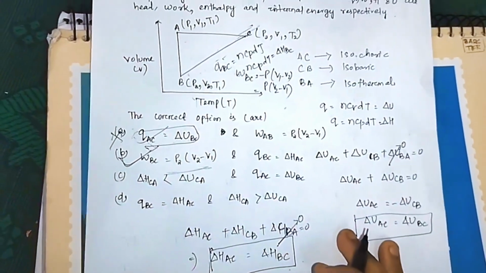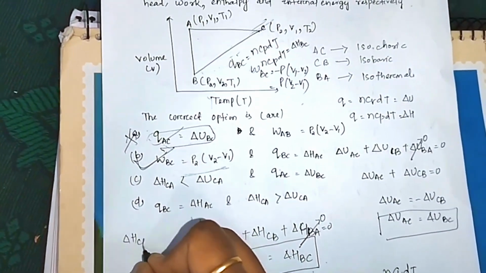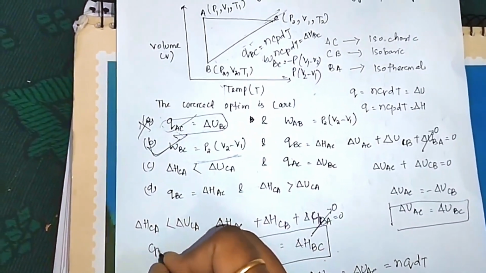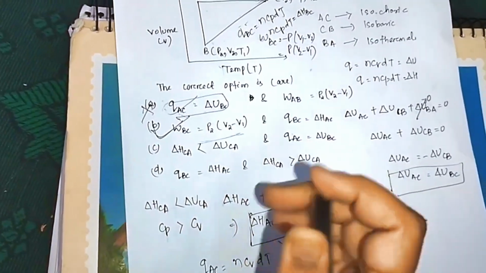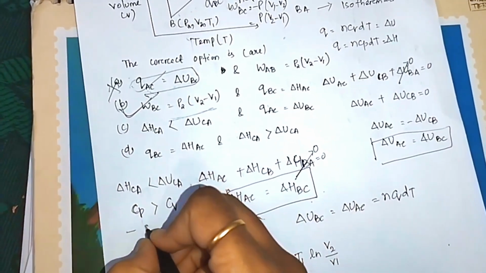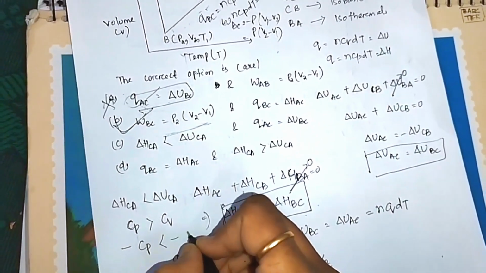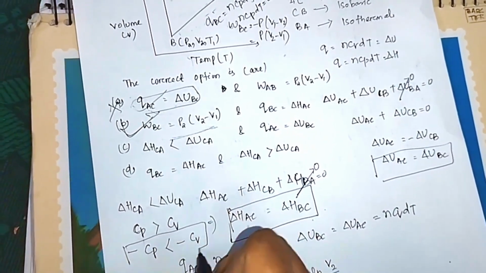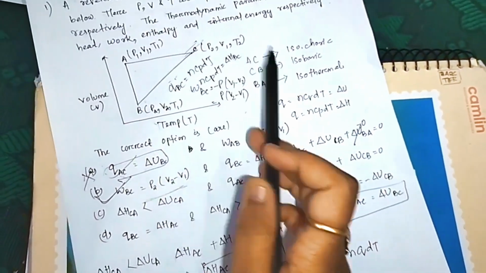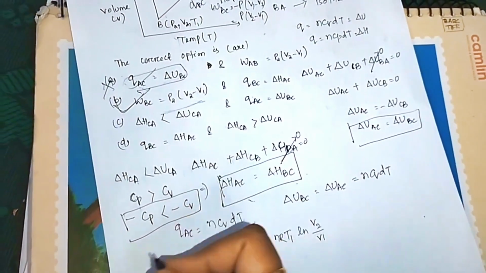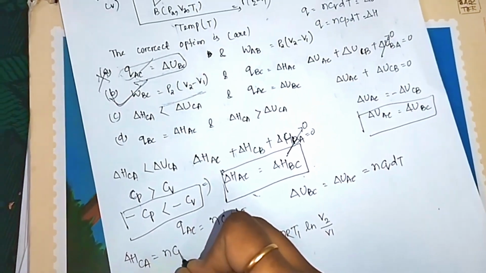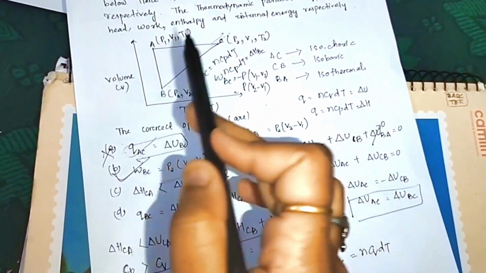Next is del H CA greater than del U CA. We know that Cp is greater than Cv. So I can say Cp greater than Cv, but if I put minus, then minus Cp will be less than minus Cv. Here del H CA means CA, so I can write del H CA is equal to nCp into T1 minus T2.